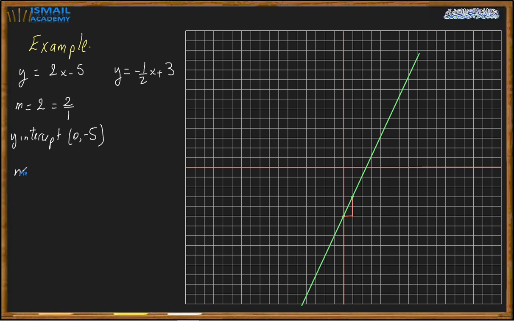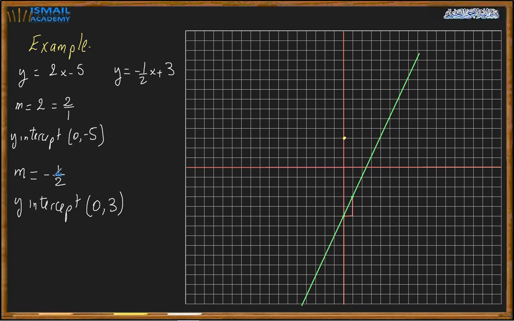Now let me draw the second one. My slope for the second one is minus half, and the y-intercept is 0, 3. Where is my 0, 3? It is here.